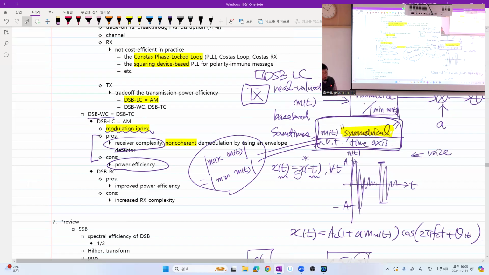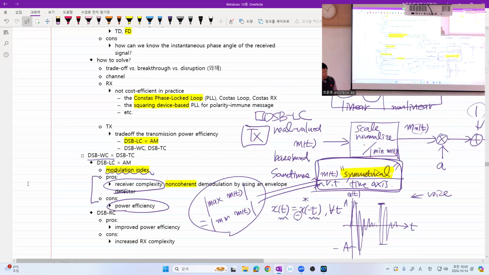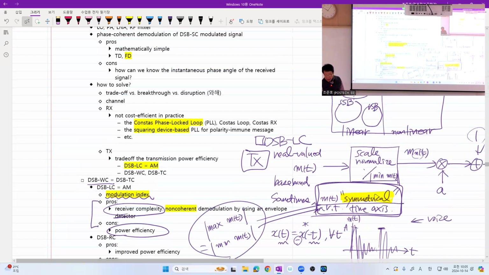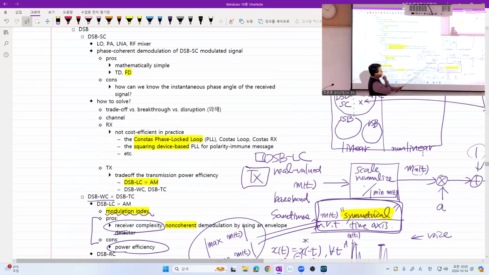Now, before we move to single sideband modulation, let's see what could be other alternatives to DSB with large carrier. So here goes DSB with reduced carrier, which means that in terms of modulation index for AM, A is greater than 1.